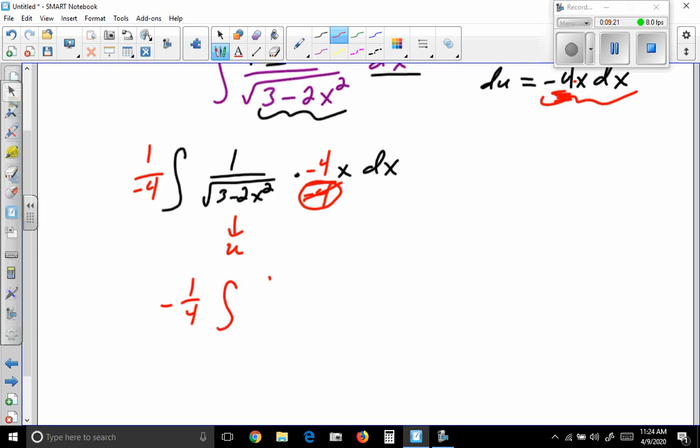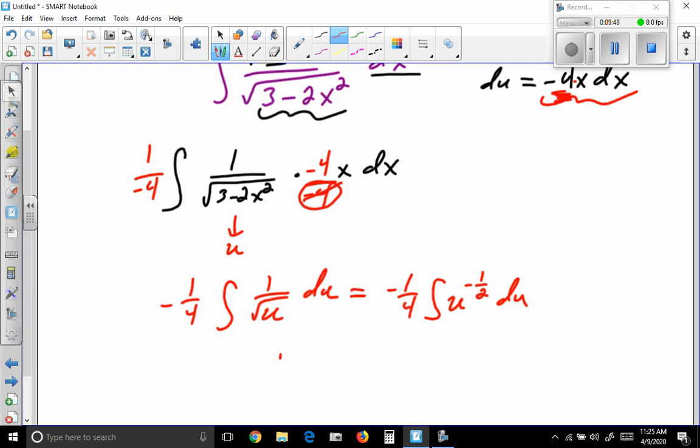Let's go ahead and make our substitution. Put the u under the square root there, and all of that is du. So if we carefully rewrite this, this may be something we can integrate. If we change this to u to the 1/2 on bottom, then we can move that to the numerator and make that u to the -1/2.